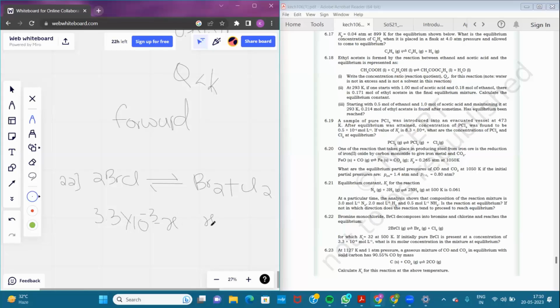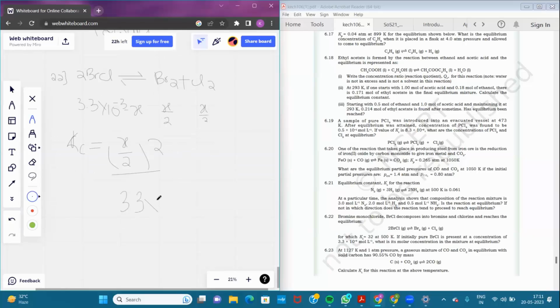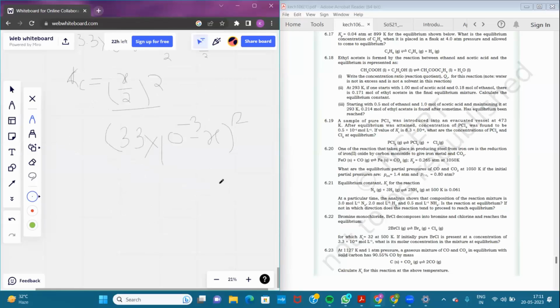If x amount is reacted as per the stoichiometry, x by 2 and x by 2. The expression of Kc can directly be written as x by 2 whole square by 3.3 into 10 power minus 3. This will give x, don't worry, this is x by 2. I'm writing the x by 2 value. It's 1.5 into 10 power minus 3.